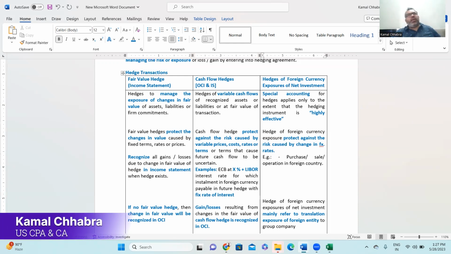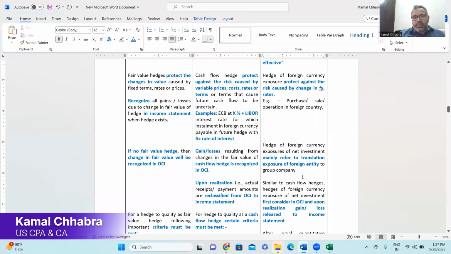For example, if you are a US based company, let's say you are Amazon and you have operation in India, Amazon India, there are a lot of purchase and sale transactions happening every second. So there are so many currency exposures to you. To mitigate that currency exposure, you take hedging, and for that you maintain effective hedging transactions.